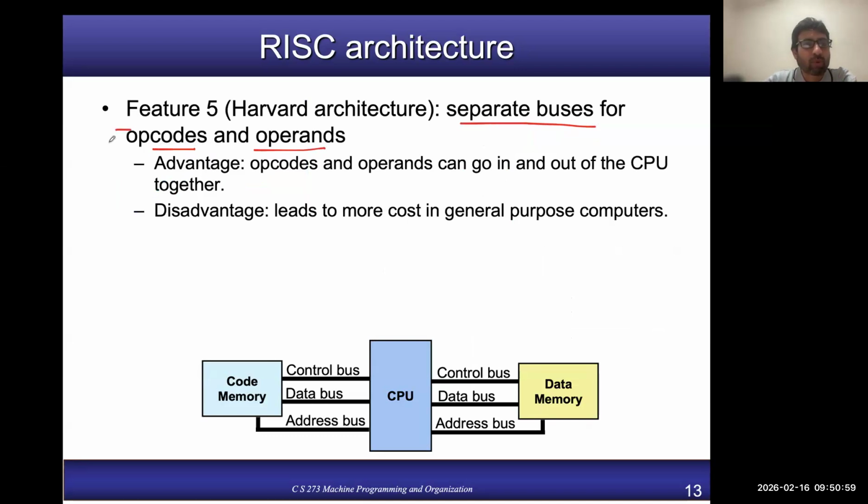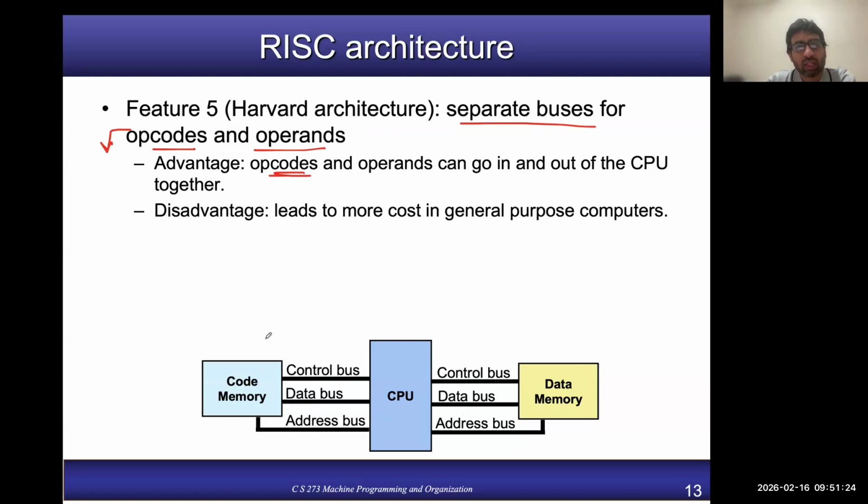Opcode is your program or operation, and operands are data. So you have a separate code memory and a separate data memory, and the CPU is connected to both of them using separate sets of buses: control bus, data bus, and address bus. So the advantage is that opcodes and operands. Here maybe it is a bit confusing to say opcode.